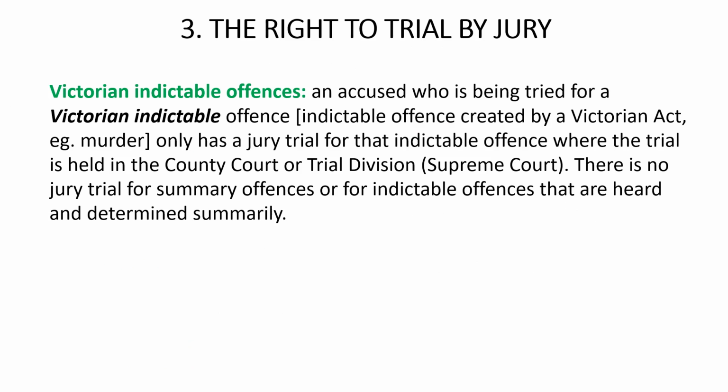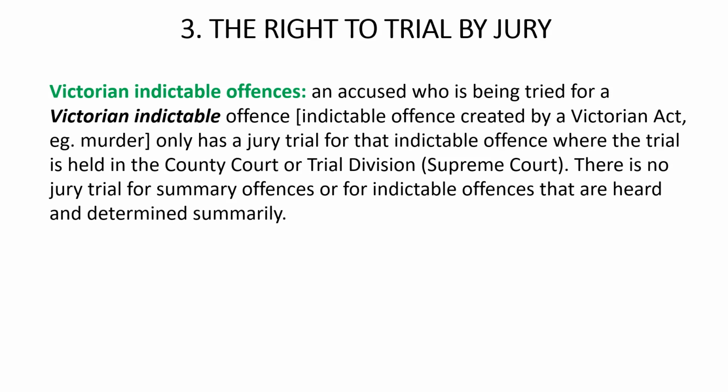That is, they are offences which are created by state legislation. In Victoria, this includes offences such as murder, manslaughter, burglary, kidnapping, rape, theft, and so on, which are tried in the County Court or the Trial Division of the Supreme Court. If the offence is a Victorian indictable offence, then the source of the accused's right to trial by jury will be Section 217 of the Criminal Procedure Act and not Section 80 of the Australian Constitution.